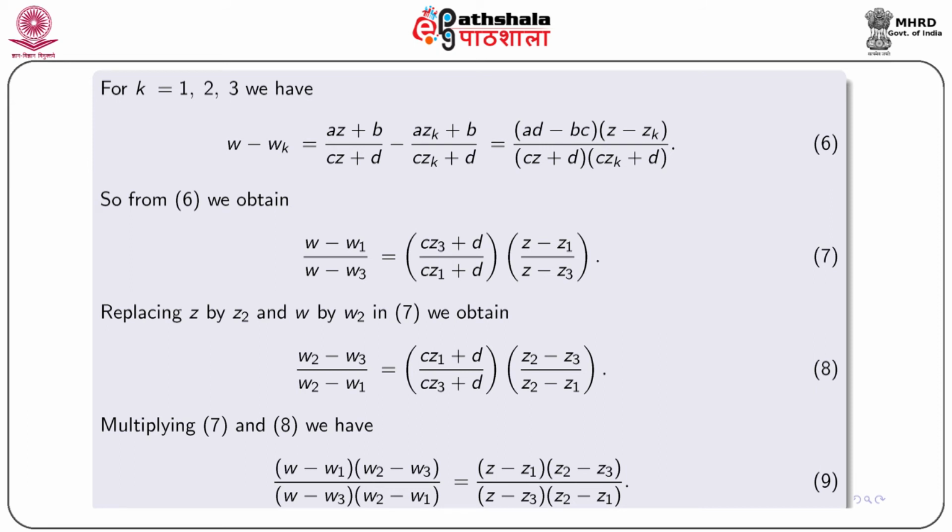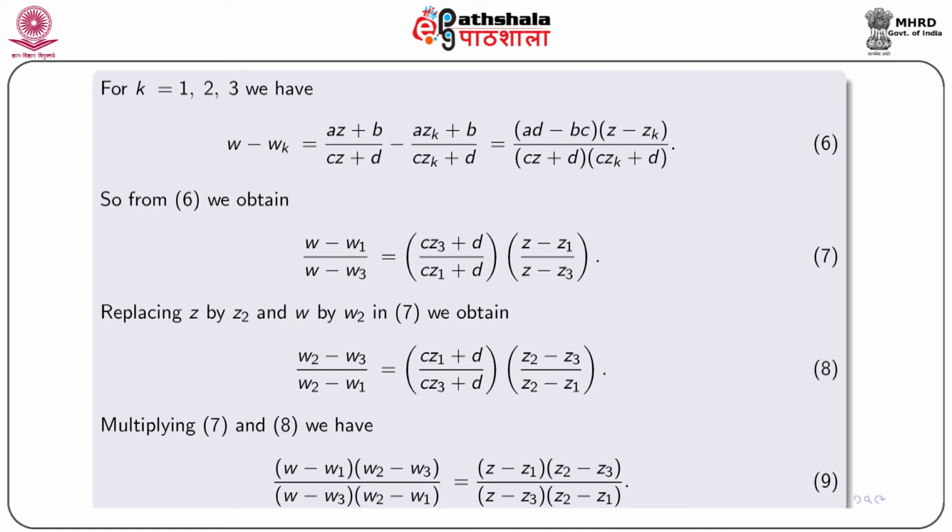Replacing Z by Z2 and W by W2 in equation number 7, we obtain (W2 minus W3) by (W2 minus W1) equal to (Cz1 plus D) by (Cz3 plus D) into (Z2 minus Z3) by (Z2 minus Z1).